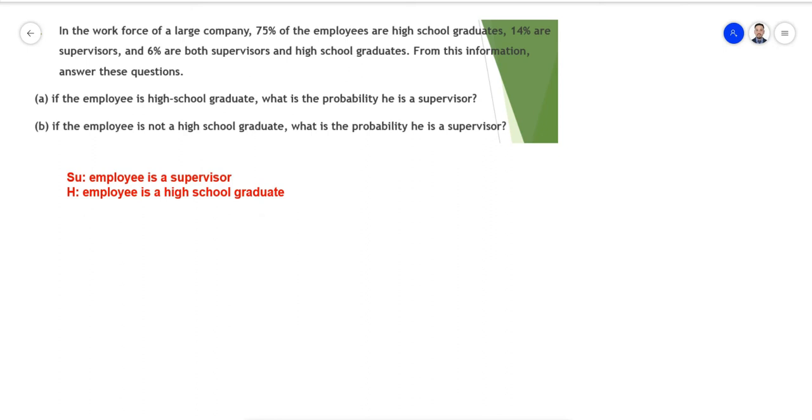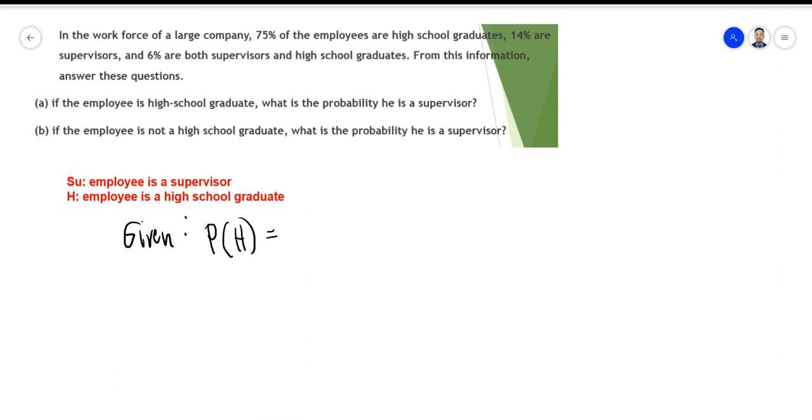First, we will make a Venn diagram to represent this problem. Our given, the probability of high school graduate is equal to 75% or 0.75.